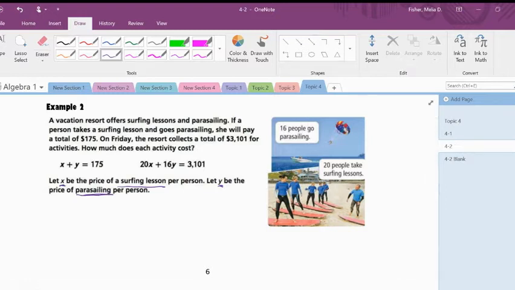Over here in the picture, we see that 16 people go parasailing and 20 people take surfing lessons. That's why the second equation had 20 and 16, and then the total cost was $3,101. The one person spent money on X and Y, and it was $175.